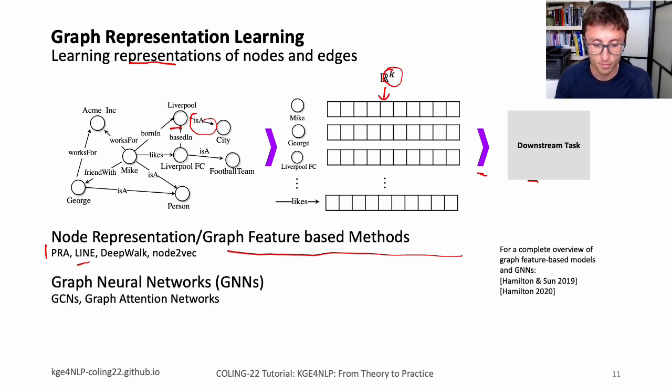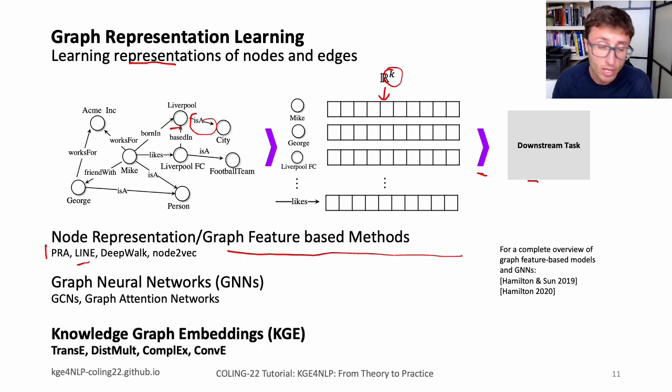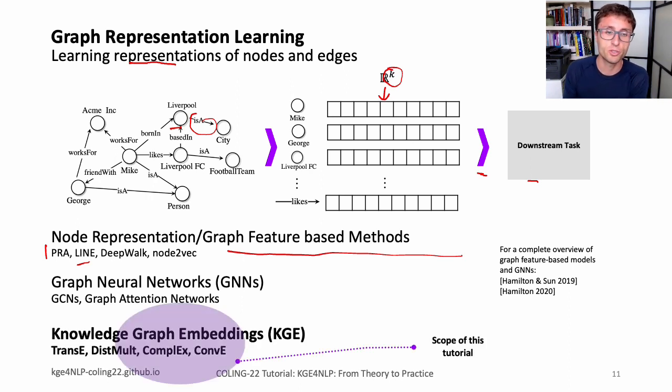Then we have the fast-growing area of graph neural networks, and I'm sure some of you must be familiar with the topic. So graph convolutional networks, graph attention networks, GraphSAGE, and so forth. And then we have a family of methods which were born pretty much at the same time as graph neural networks.